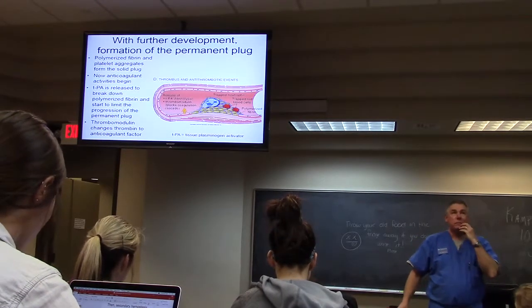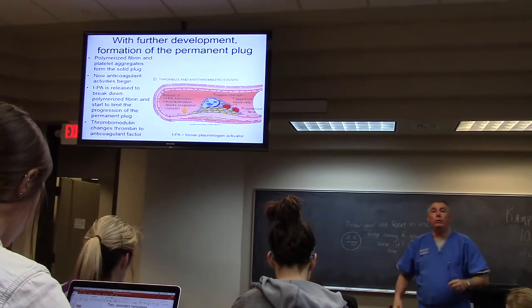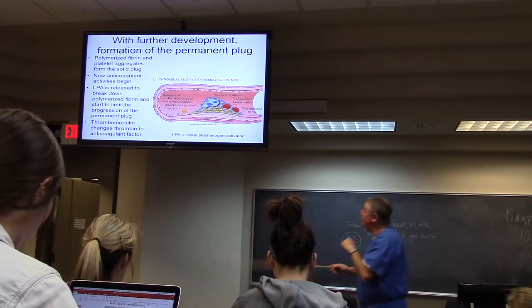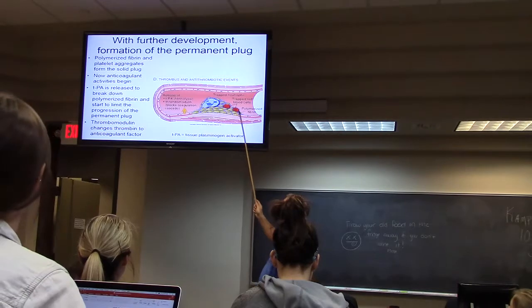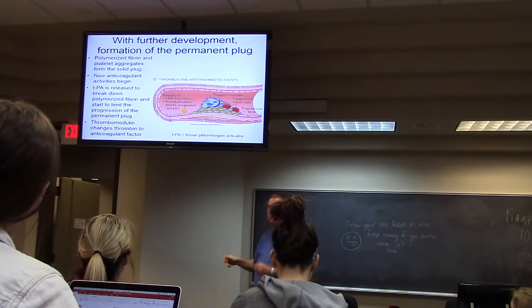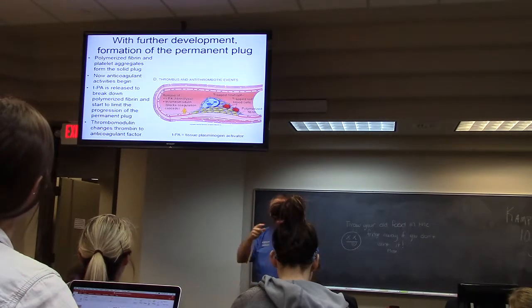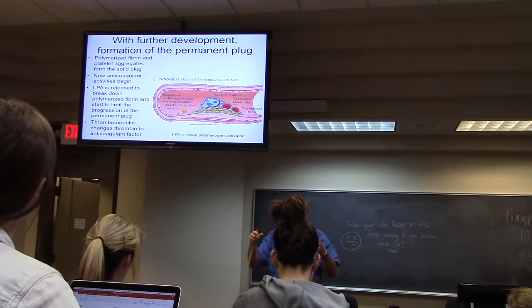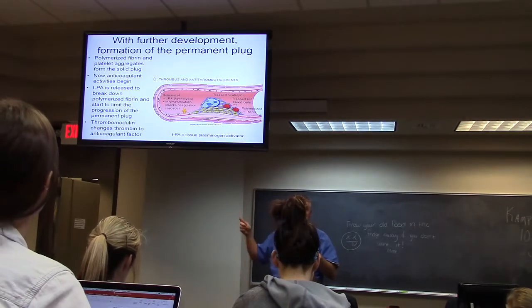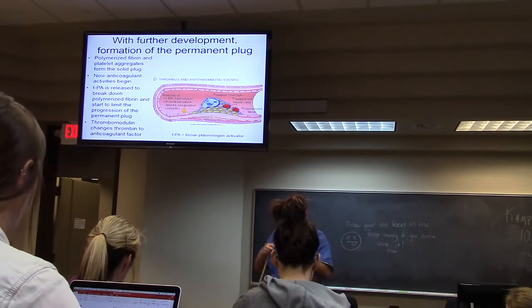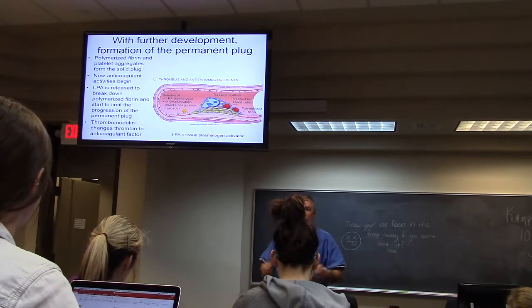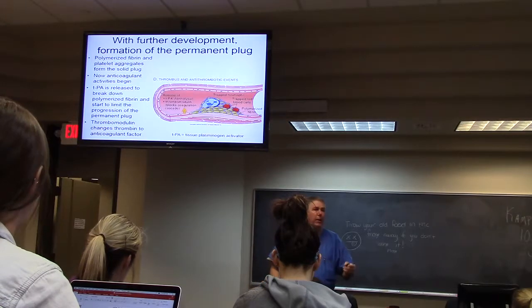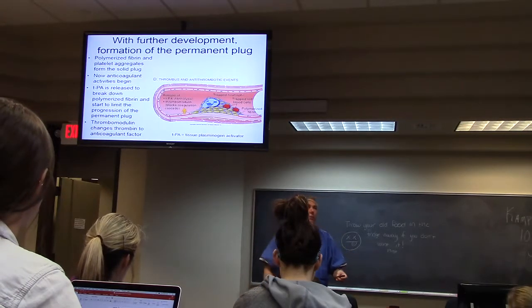All right. So, once you start getting this clot to form, and you see the fibrin in here, it starts to enmesh cells that are going by it. So within the thrombus, RBCs and white blood cells all become part of the coagulum that's developing on the inside of the vessel.